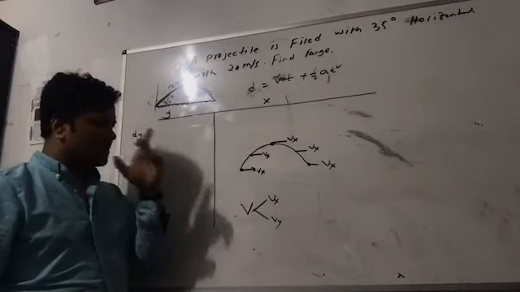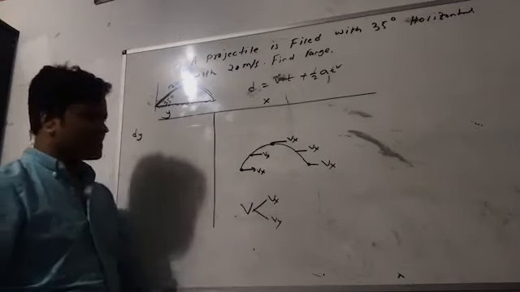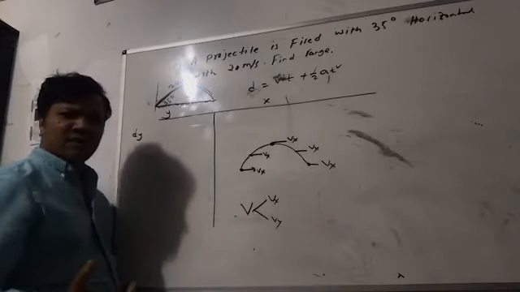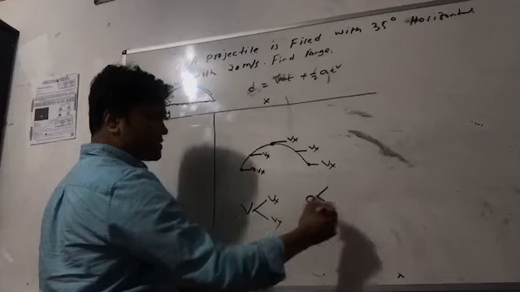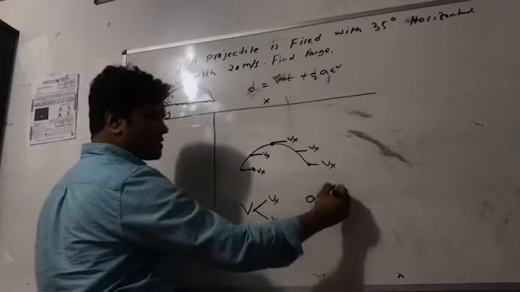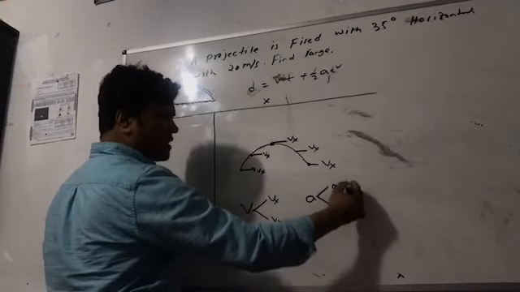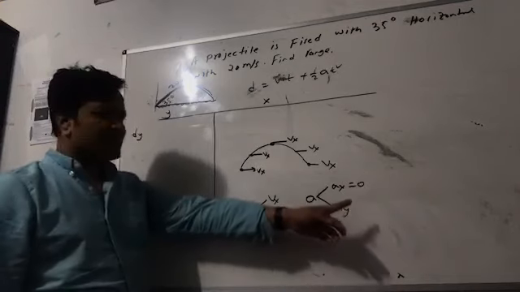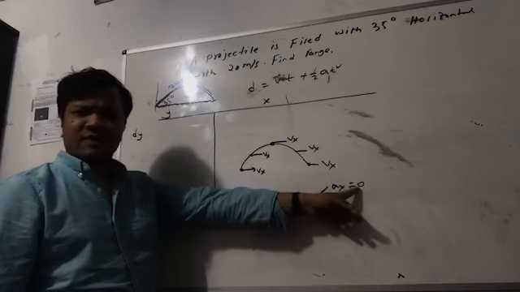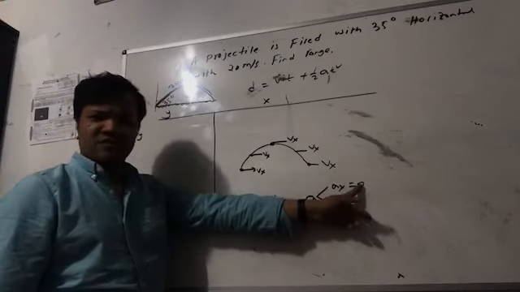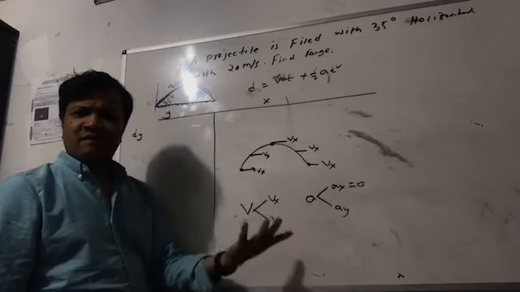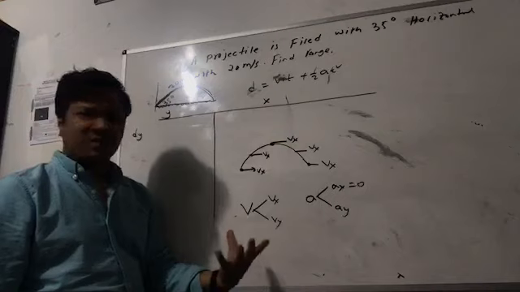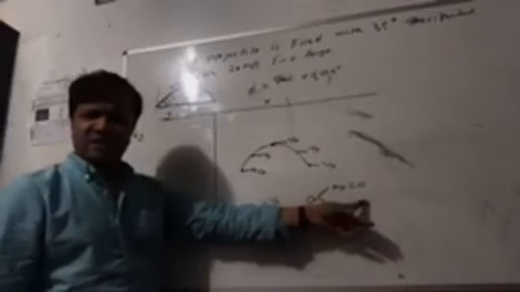Now let's see the y component of the velocity. The y component of the velocity changes because the acceleration due to gravity has two components, ax and ay. Ax is 0. You see, acceleration due to gravity at the x component is 0. This is why velocity in the x direction is unchanged, is constant, because acceleration in the x component is 0.